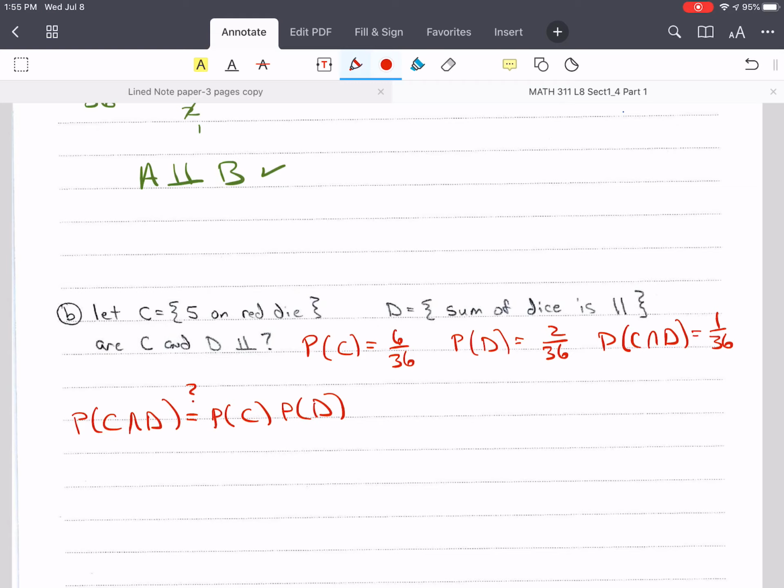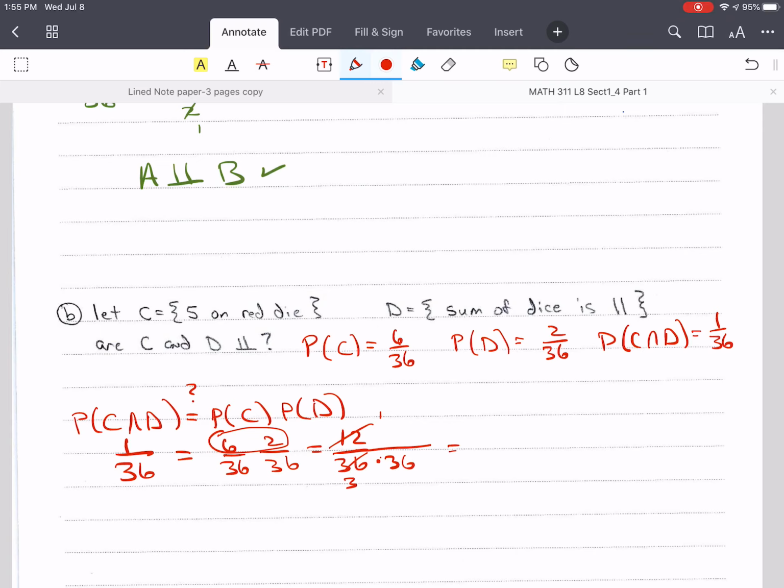And so we have 1 over 36 equals 6 over 36 times 2 over 36. And here, on the top we have 12. This is 12 over 36 squared times 36. And so this will be 1, and this will be 3.